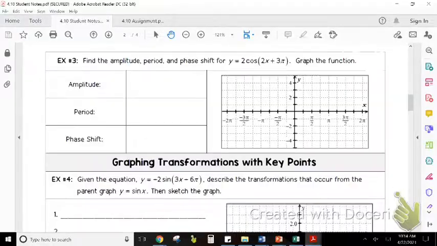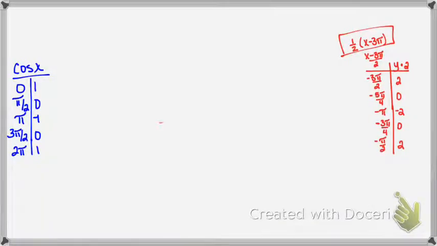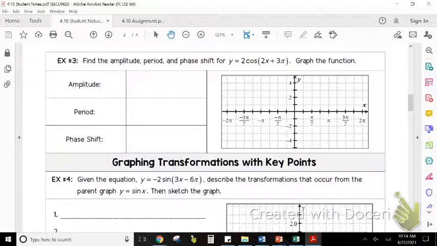Well, let's see. I'm trying to remember how to... Well, I don't know if I can go back to the other one then. All right. So I'll tell you what. We're going to graph this. So let me rewrite that table.